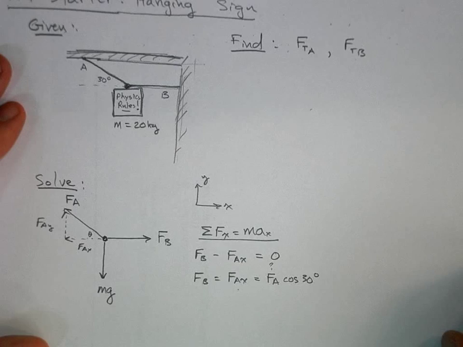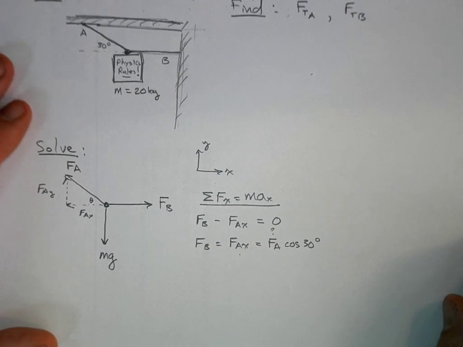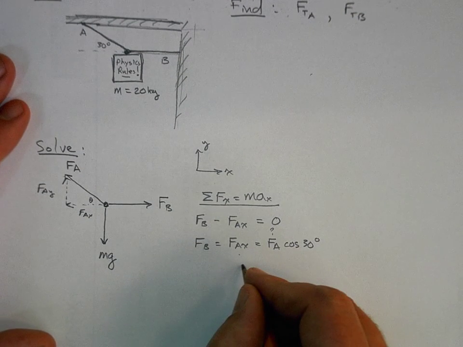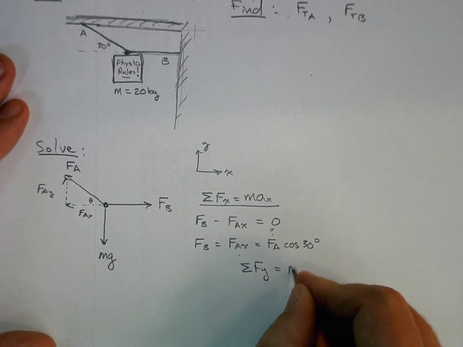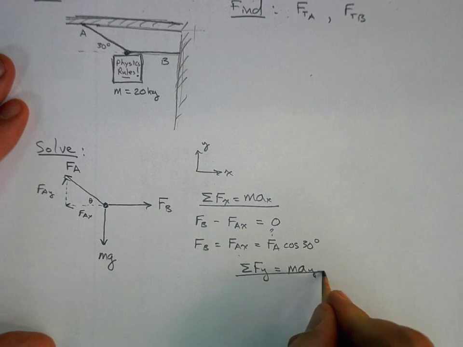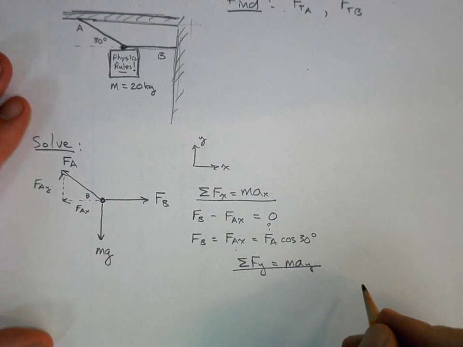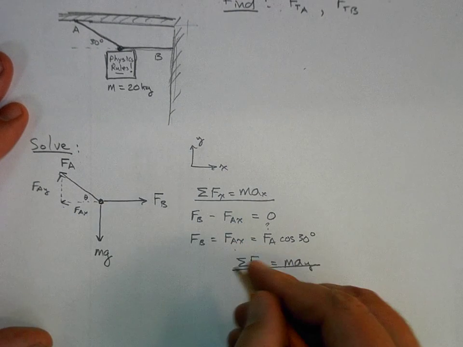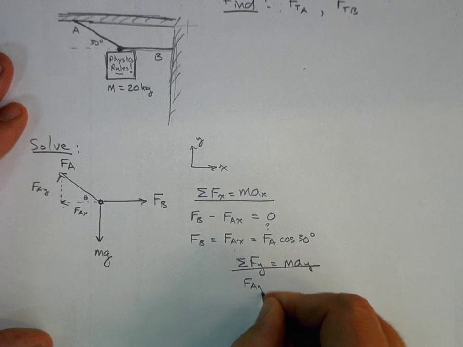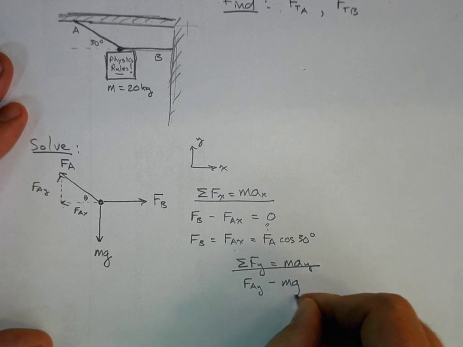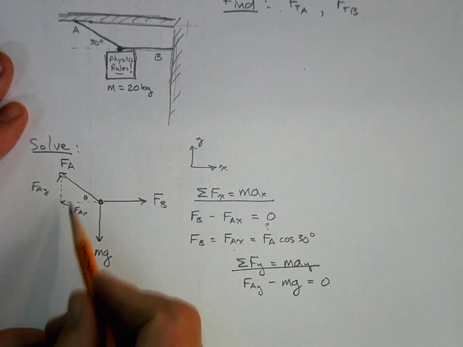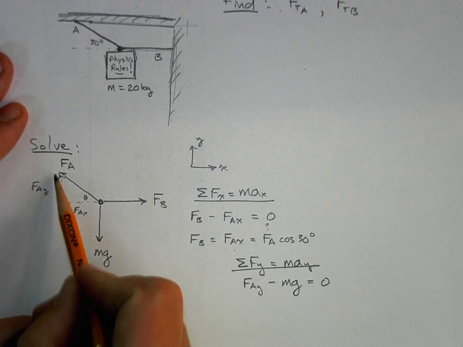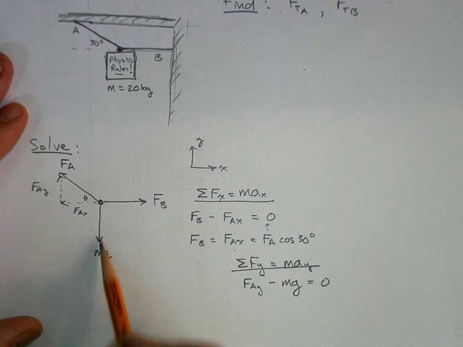So I'll sum the forces in the y direction equals ma in the y direction. In the y direction, I've got FA in the y minus mg equals 0. I get that from the free body diagram. This force is in the y direction, and this force is in the y direction.